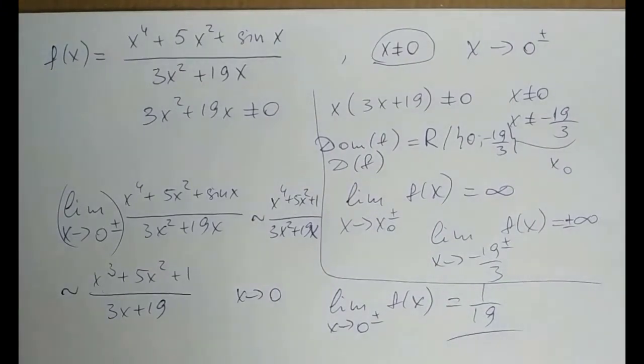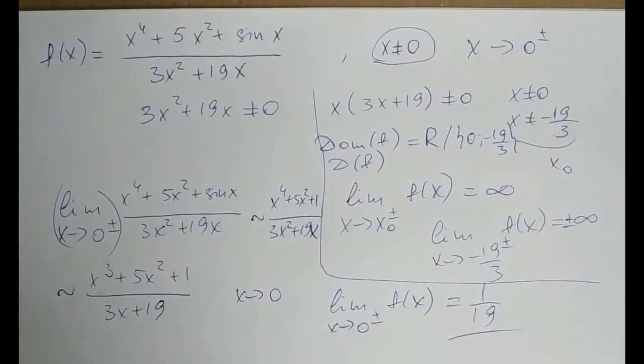So we found the domain of this function. We found the limit as a one-sided limit at the point 0, and one vertical asymptote.